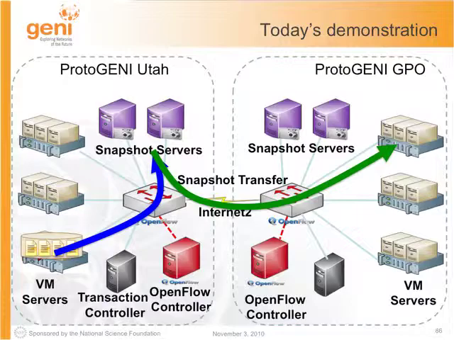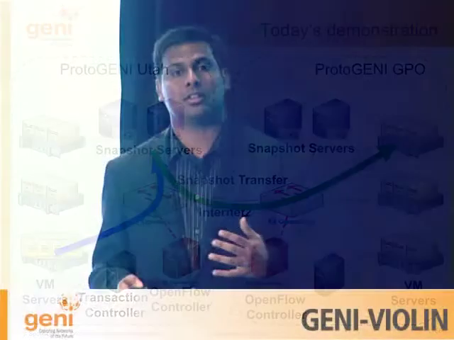They're all connected to an OpenFlow switch, which is controlled by a customized OpenFlow controller. That's our GENI-VIOLIN controller that provides the snapshotting capability. And the middle boxes I talked about, snapshot servers, are going to store the snapshot so that if there are failures, we can recover from them.